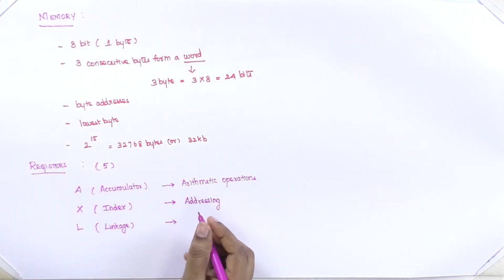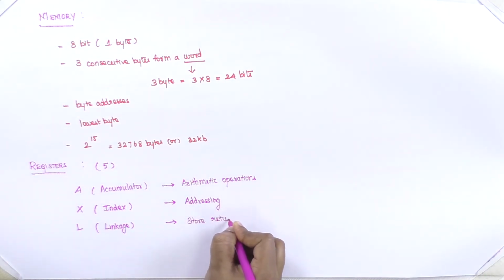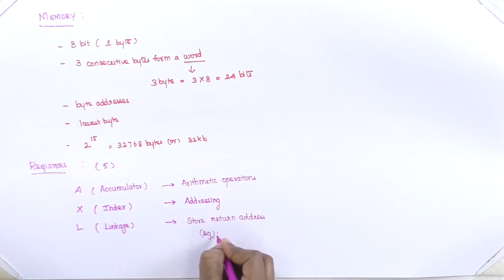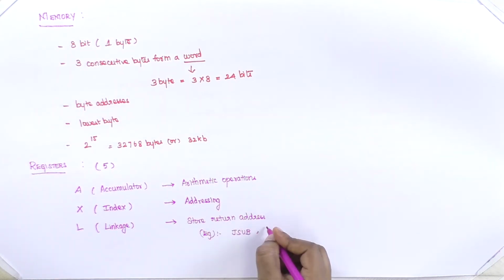The linkage register is used to store the return addresses of instructions like JSUB and RSUB. JSUB is jump to a subroutine, RSUB is return from a subroutine.